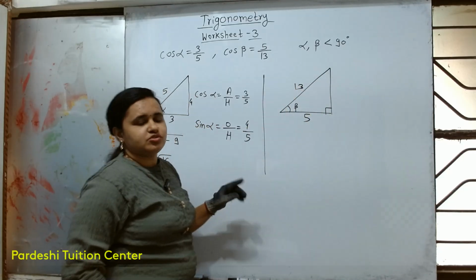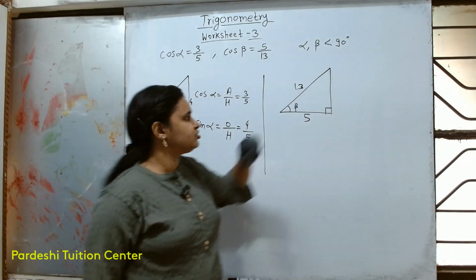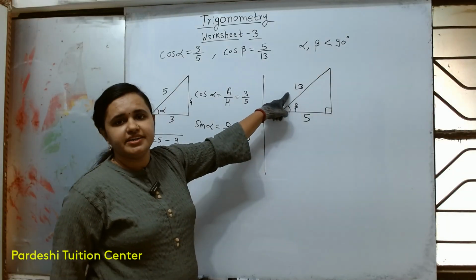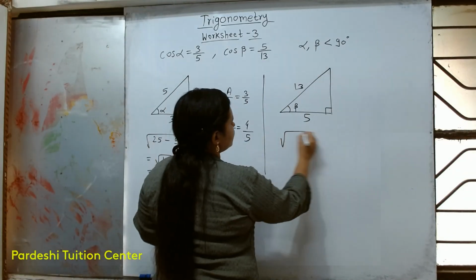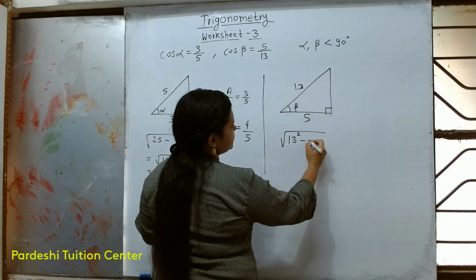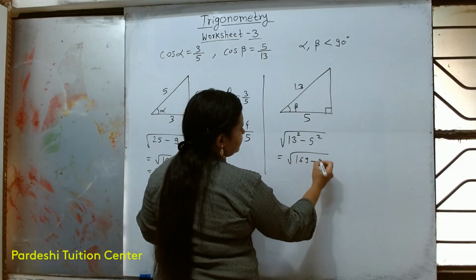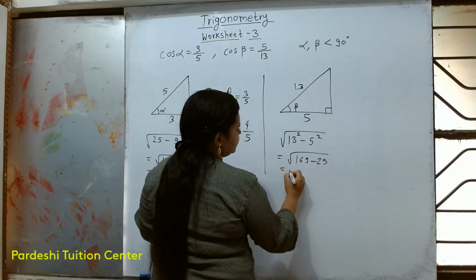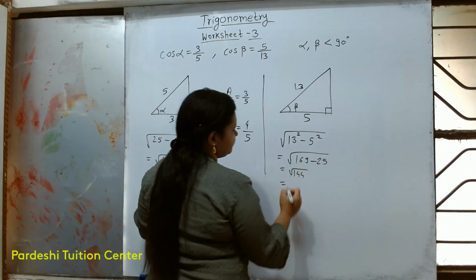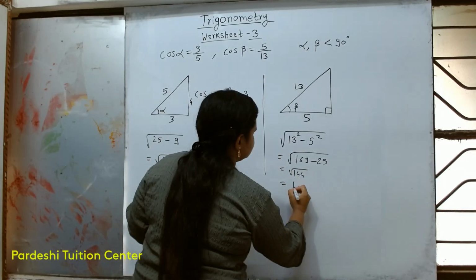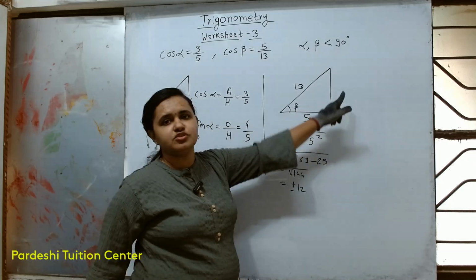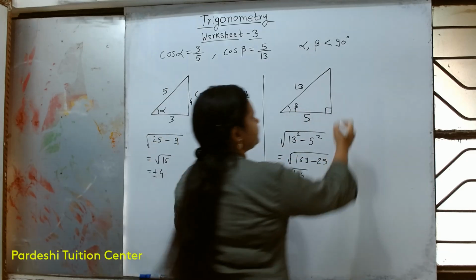Okay. So, we have to calculate this side. By Pythagoras theorem it will be under root of 13 square minus 5 square, that is under root of 169 minus 25. So, it will be under root of 144, it will be plus minus 12. But here it is length, so we will take only positive, so it will be 12.